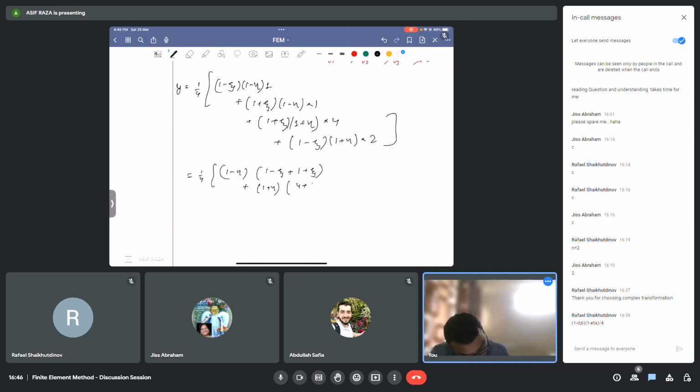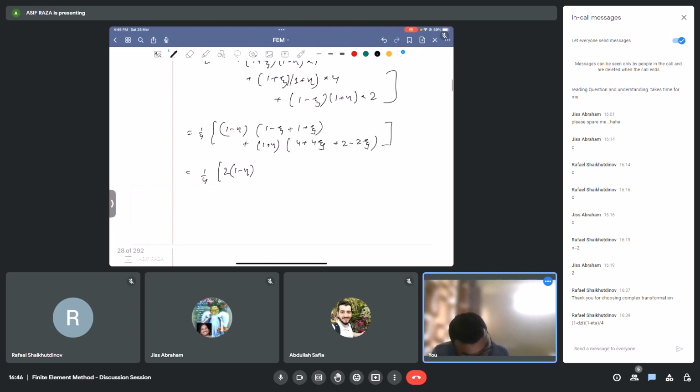So this will be 4 plus 4 xi, and this will equal to 2 minus 2 xi, equal to 1 by 4, 1 minus eta times 2, and here we have 1 plus eta times 4 to 6 plus 2 xi.